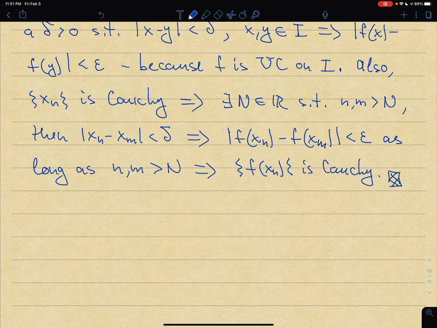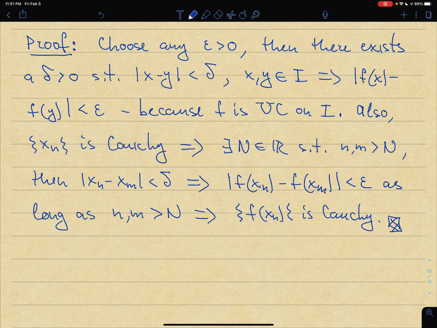How can we use this theorem in our examples? So basically the theorem says that if I have a Cauchy sequence on the x-axis and I apply a uniformly continuous function to it, then the sequence of values is also Cauchy.